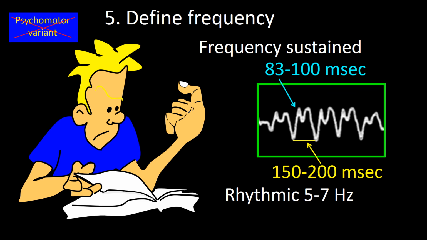The rhythm is usually in the 5 to 7 hertz range, corresponding to slower activity, and bursts are usually longer than 1 second.